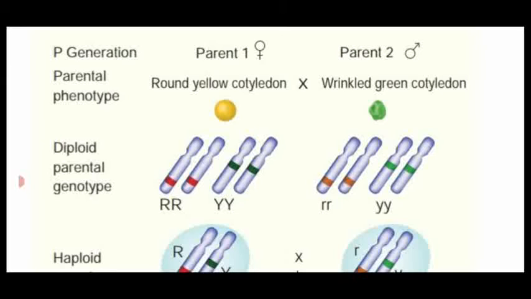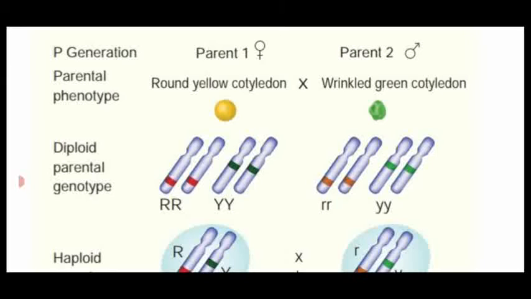Then when you are coming to the another parent, that is male parent, wrinkled, that is wavy nature, and the color is green cotyledon. So these are the two parents, female and male. Female is denoted as a dominant character.